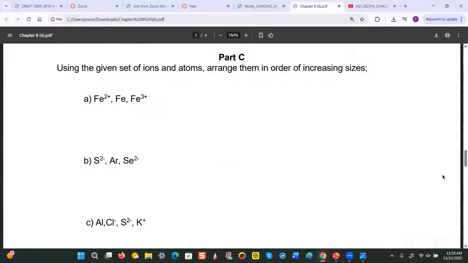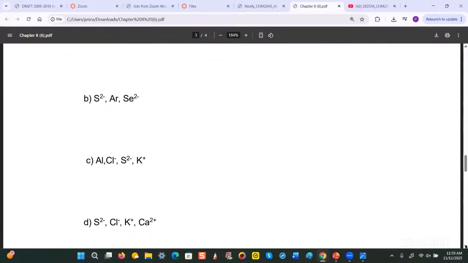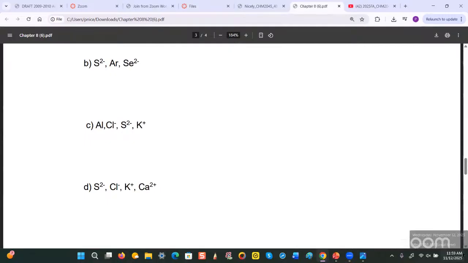There was one that I got stuck on for part C. I think it was this one right here, if I remember correctly. In any case, I don't remember the answer I told you, but the answer is, let me write it down here.